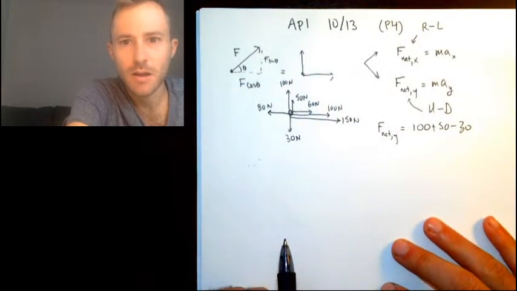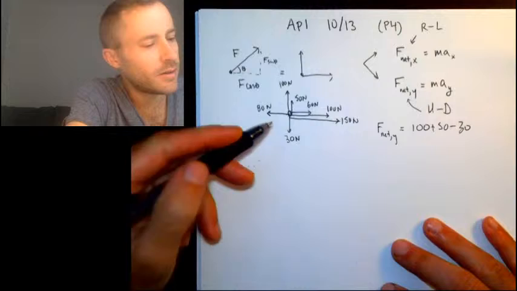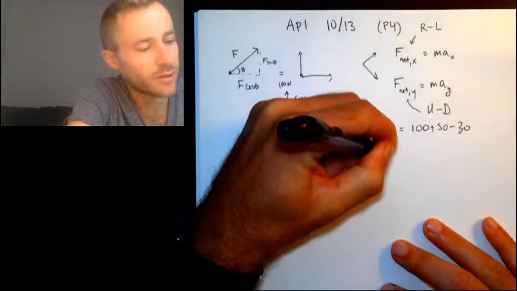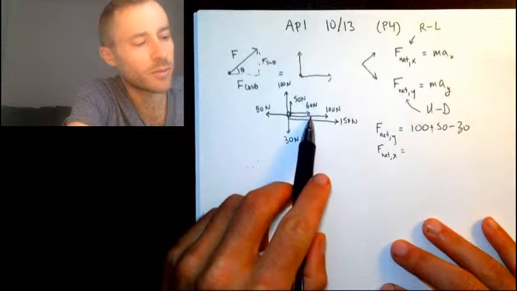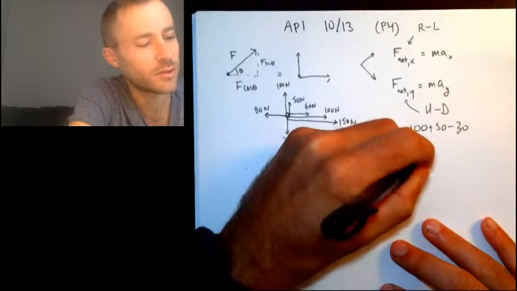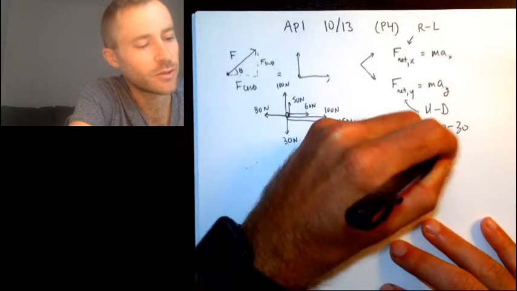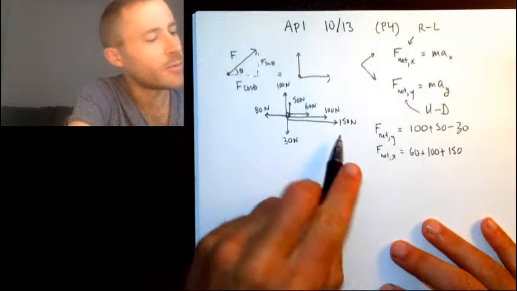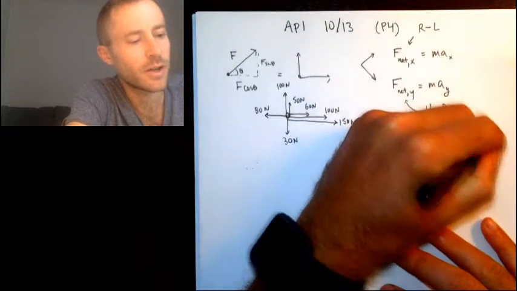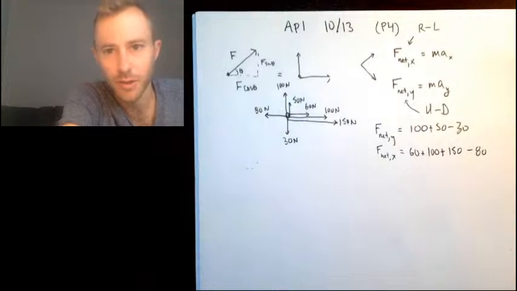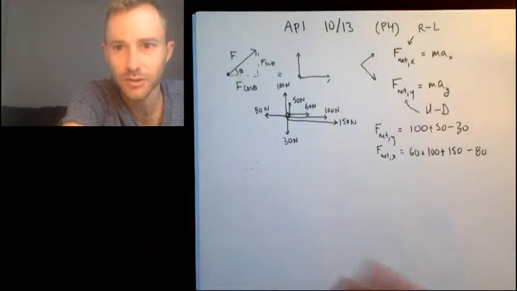The net force in the x direction has 3 rightward forces, so 60 plus 100 plus 150 minus 80. Whatever those numbers end up being, I don't really care. I'm just doing an example.